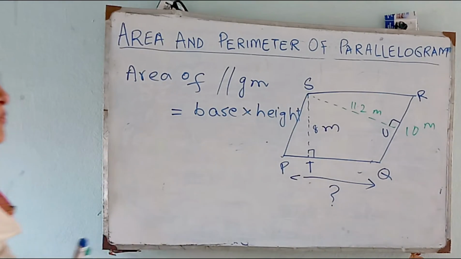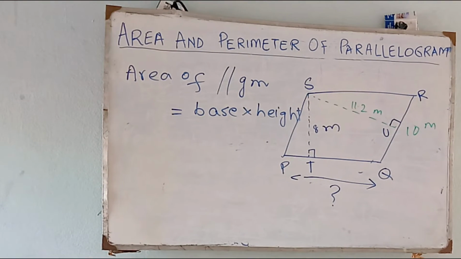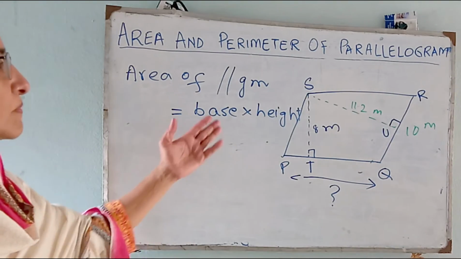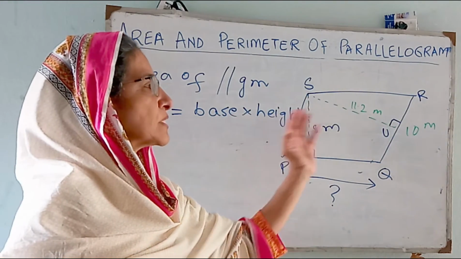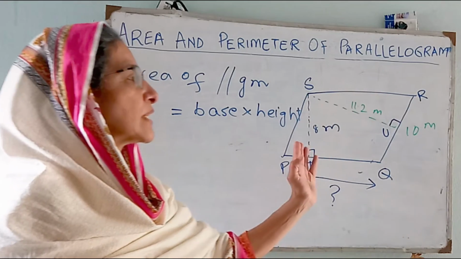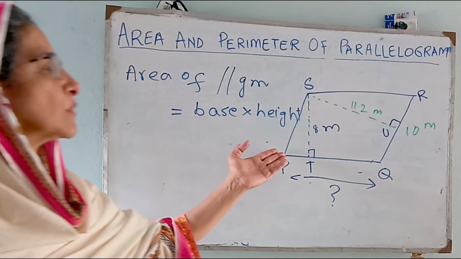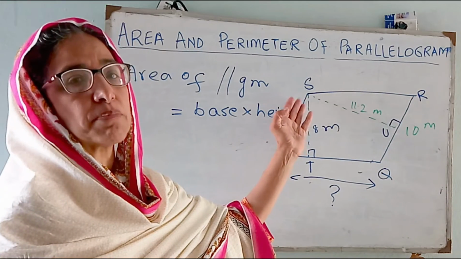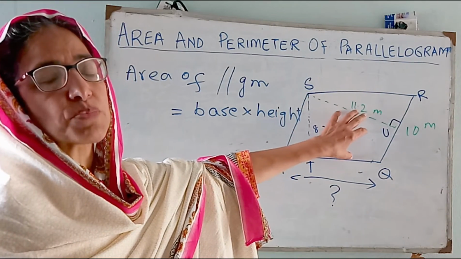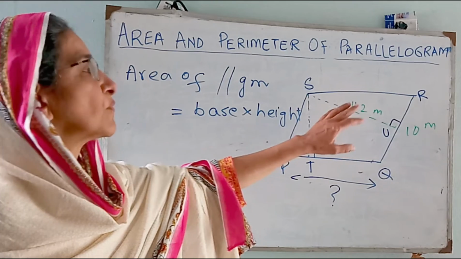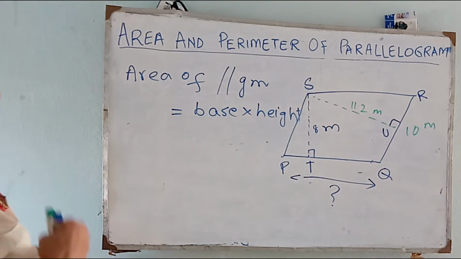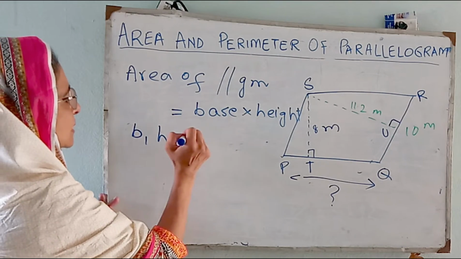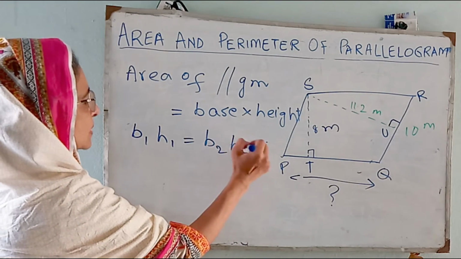So I am going to take the formula for the area of a parallelogram, that is base multiplied by height. 2 heights are given, but since the parallelogram is the same, the area covered by this parallelogram is the same. So we are going to equate B1 into H1 is equal to B2 into H2.